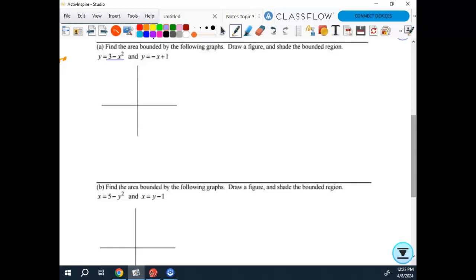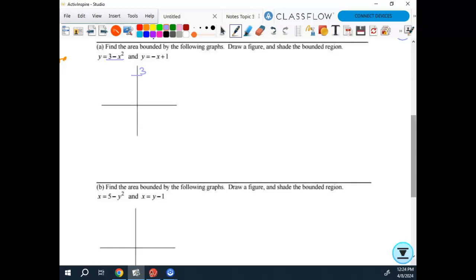Does it get shifted left or right any? No. Does it get shifted up or down any? Yes. It goes up 3. So I'm here at 3, right? And then is it going to open up or down? Down, okay?